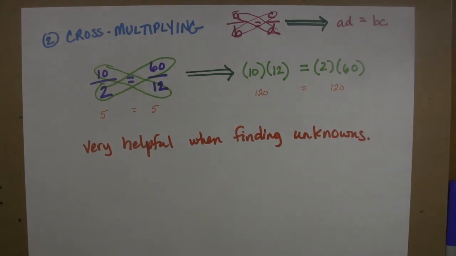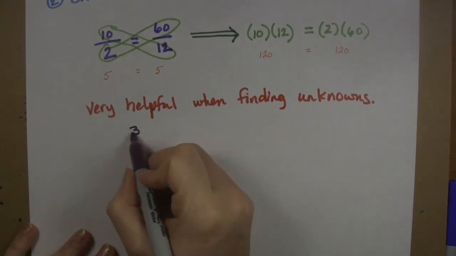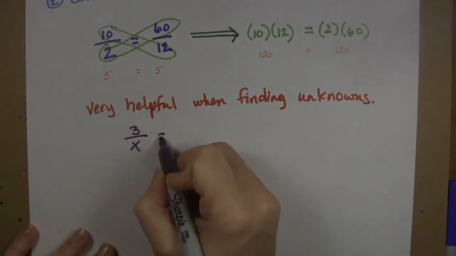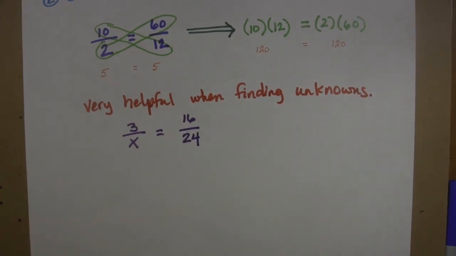So let's do an example. Let's say that we have 3 over x equals 16 over 24. Now, you might look at this and you might say, I can't figure that out in my head, and that makes math really hard, and now I'm going to whine about it a little bit. Yeah, that's one option. That's one way you could take it.